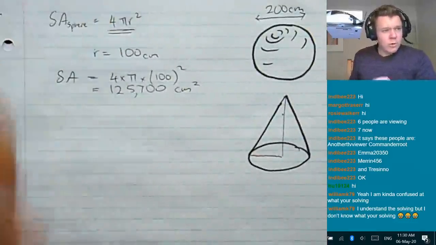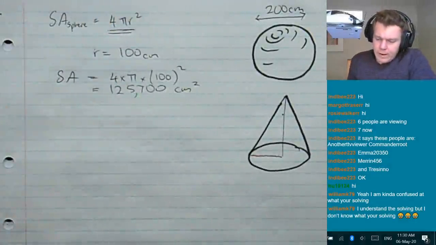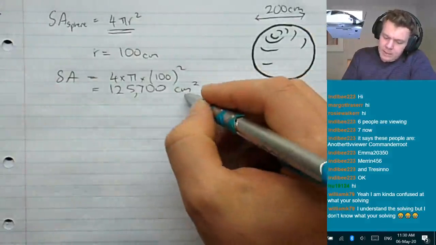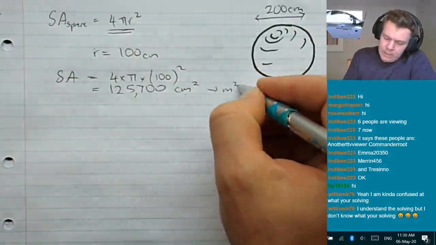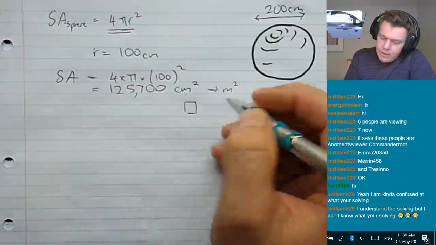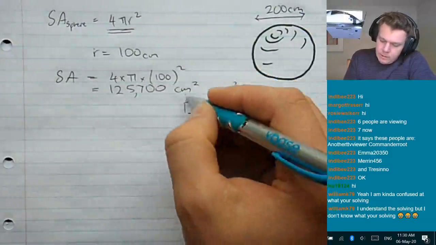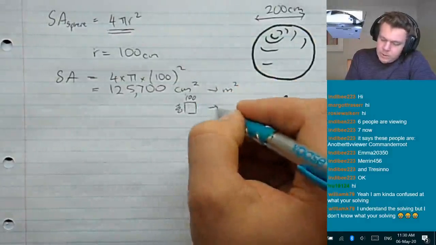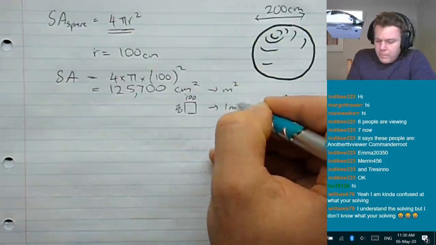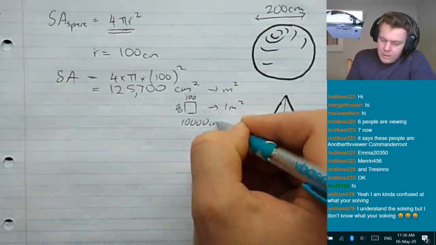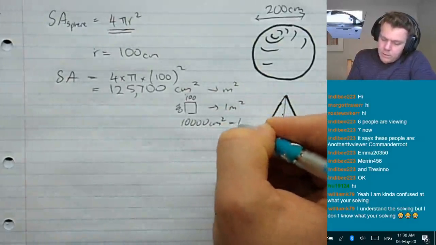And also to jog your memories, if we're going from centimeters squared into meters squared, then we want to think, okay, 1 meter squared is 100 by 100, so 10,000 centimeters squared equals 1 meter squared.